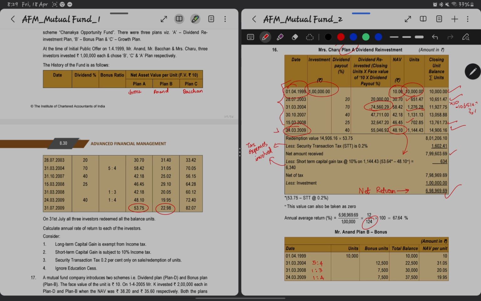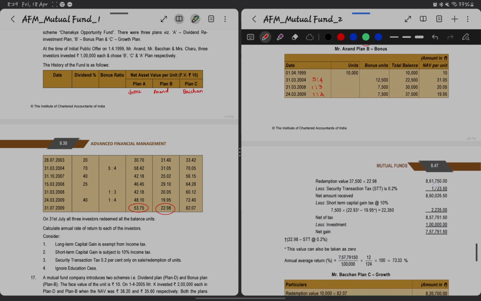So considering that, the number of months, we divide by that number of months multiplied by 12, so we got 67.64 as the annual average return in case of this Mrs. Charu's plan A dividend reinvestment.